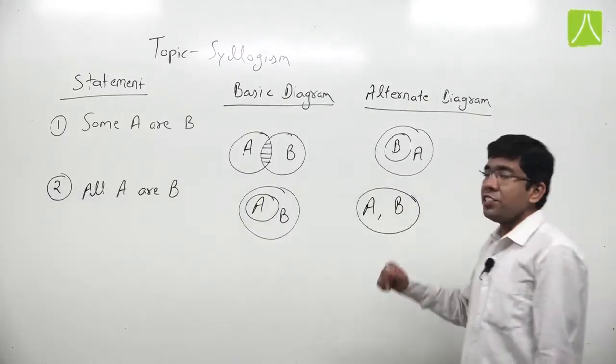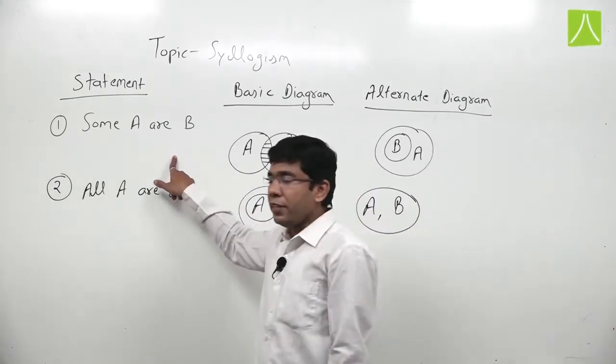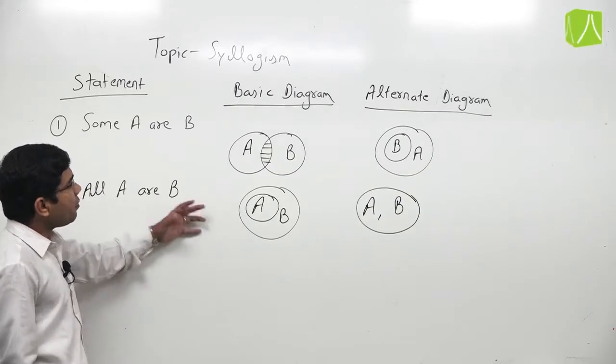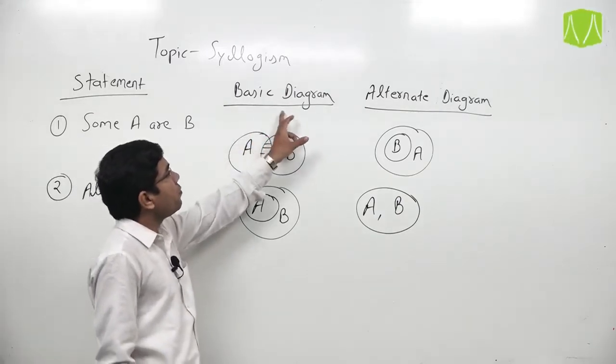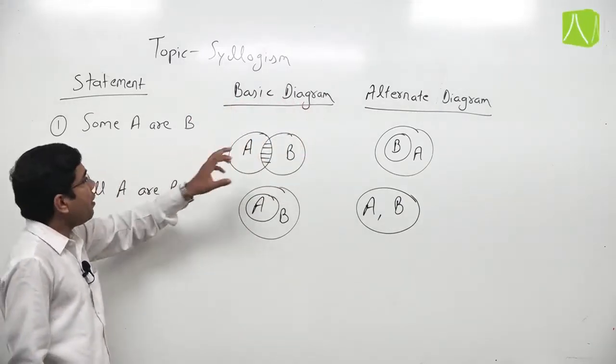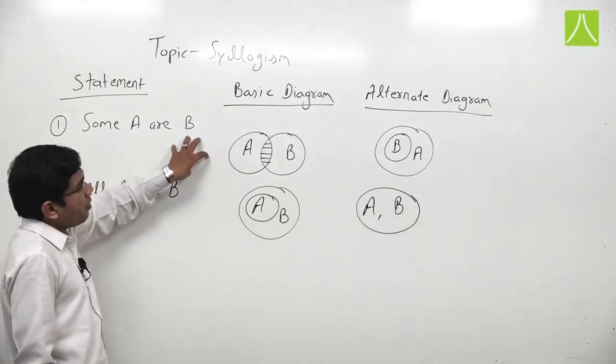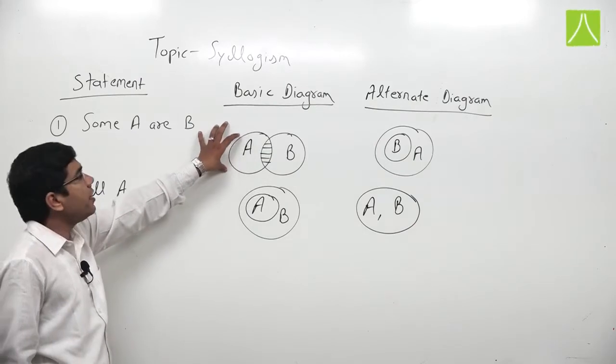Suppose here a statement is given: some A are B. For this topic, we divide the diagram into two types, basic diagram and alternate diagram. The definition of basic diagram is this: as the statement says, we have to draw it as it is in the diagram.